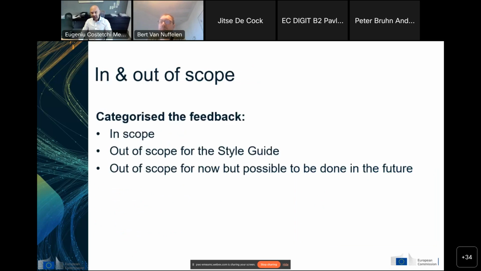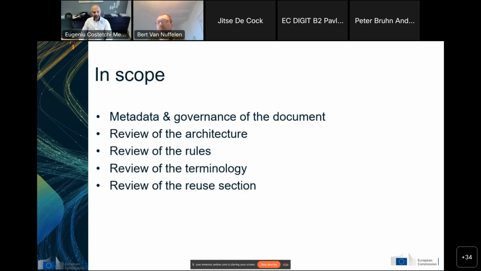When we received it, we tried to figure out whether it's in scope of the current version of the style guide, or it's out of scope, but we think of including it in the future, or it's possible to be done in the future. So what was in scope?